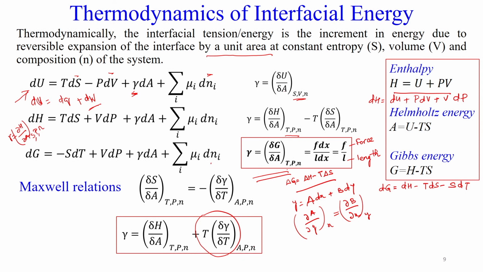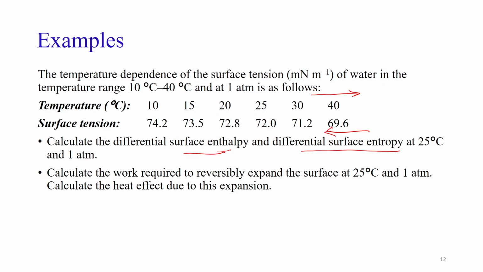So, if you apply this expression, this again can be related with the delta S. Now, let us write these two expressions, then we will be able to understand delta S upon delta A. So, what it says is dou S upon dou A is equal to minus dou gamma upon dou T.